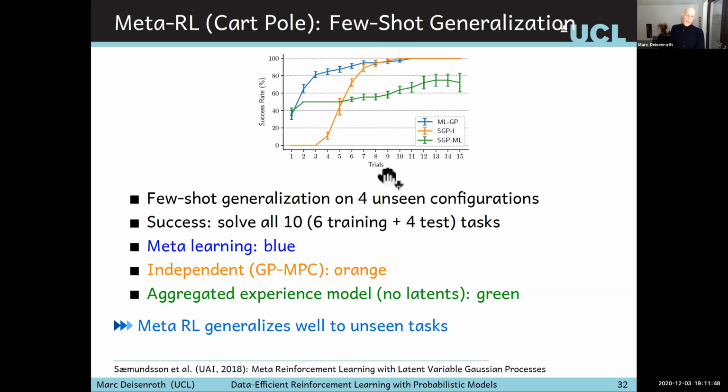Meta learning gives us a warm start when we want to solve new problems, and it generalizes reasonably well, at least to unseen tasks. So it allows us to actually transfer something useful from something that we have seen before to a new problem.